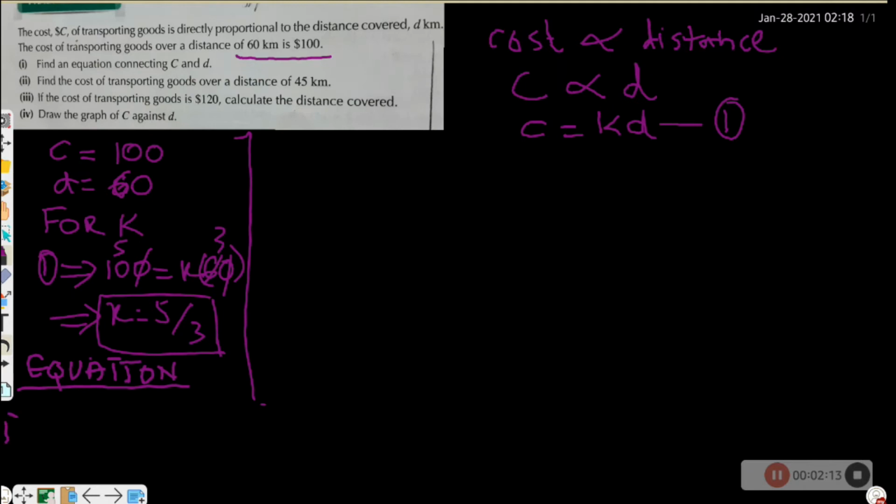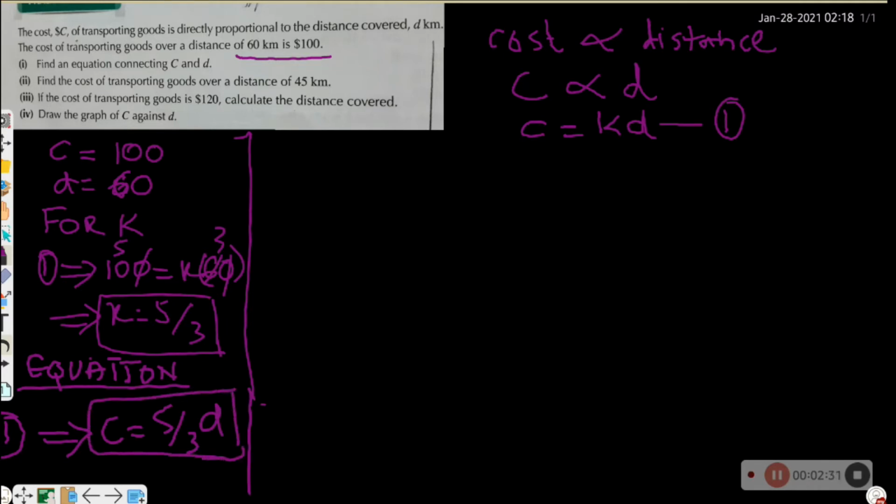Putting the value into our equation number 1, we will get C is equal to 5 upon 3 D. This is our equation.